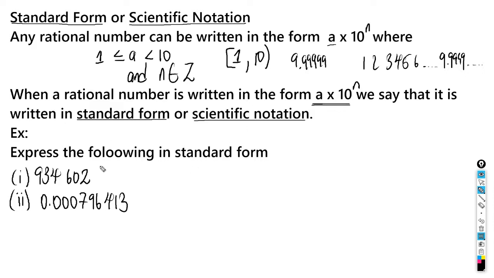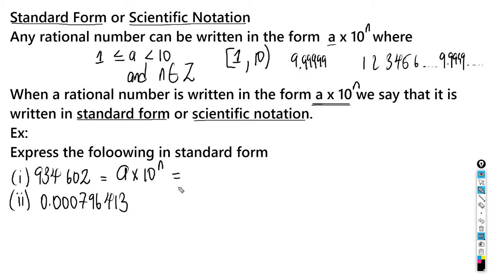It says express the following in standard form. So we have 934,602, and we need to write this in standard form. We have to write it in the form a times 10 to the n.